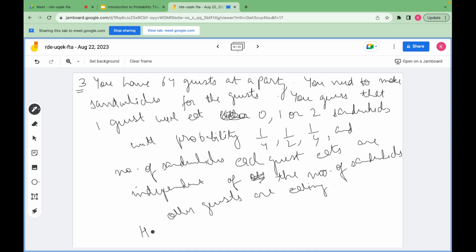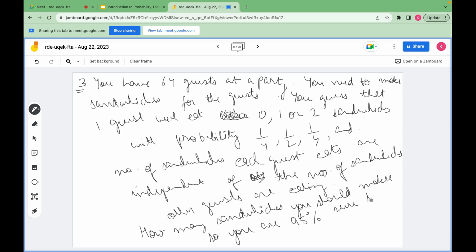So now the question is, how many sandwiches you should make so you are 95% sure that there is no shortage. Let's see what is happening here.